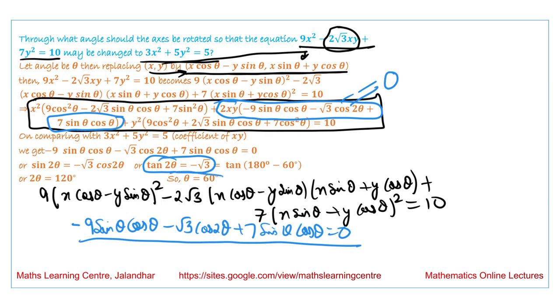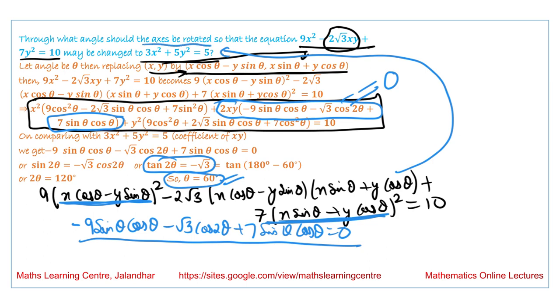So, the value of theta you will obtain is 60 degree, and if you substitute this value of 60 degree in these two equations, you will see that the given equation is transformed to the form 3x square plus 5y square is equal to 5. So, the value of theta in this case is 60 degree, that is, the axis should be rotated by an angle of 60 degree to change the given equation into this form.